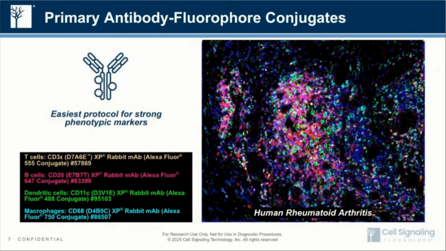These are used for direct immunofluorescence. Basically, it is an antibody that is directly conjugated to fluorophores, and you just apply that to the tissue, wash, and image your slide. It is the easiest of the protocols, but usually can only be used for strong phenotypic markers.